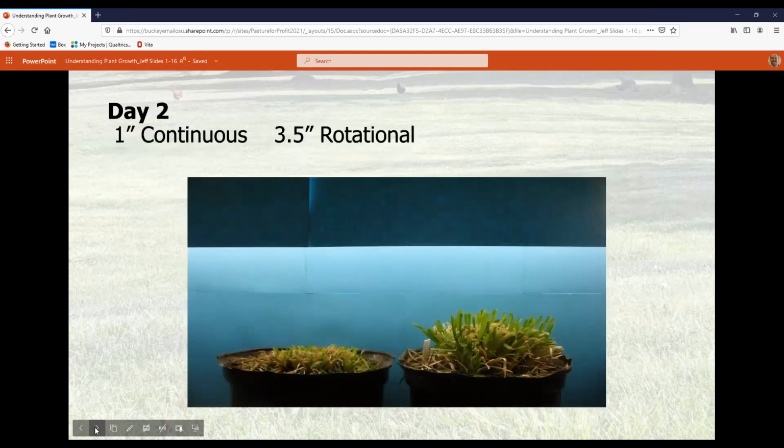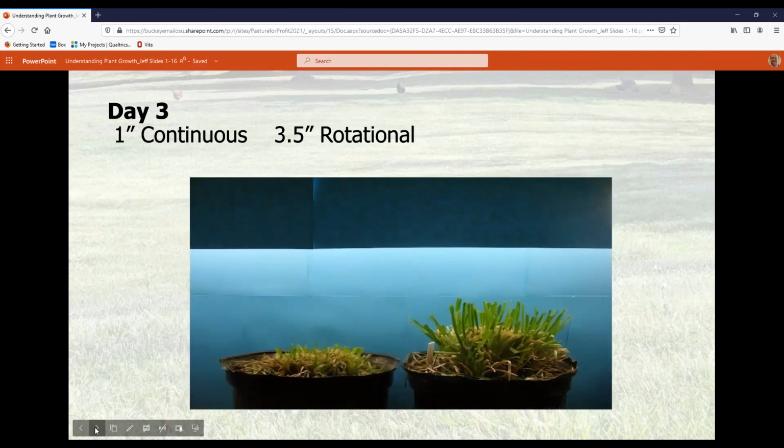So if you look at the initial picture, in day 2, you already start to see some growth. If you look real hard, you can see some growth in the continuous grazing, but it's noticeable in the rotational grazing. Day 3, the difference becomes more pronounced.